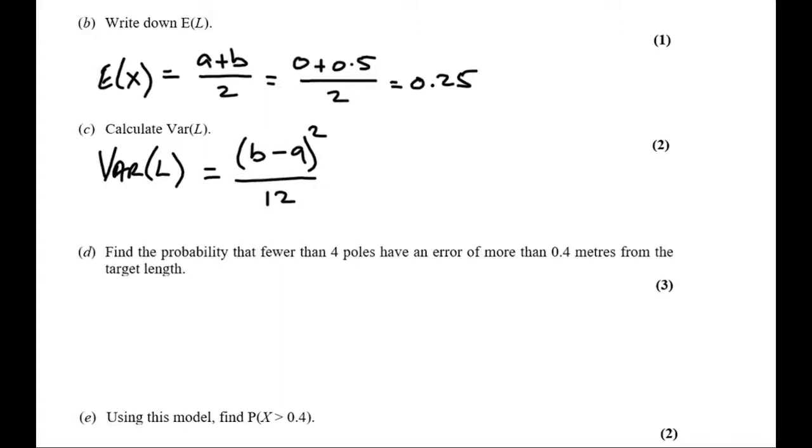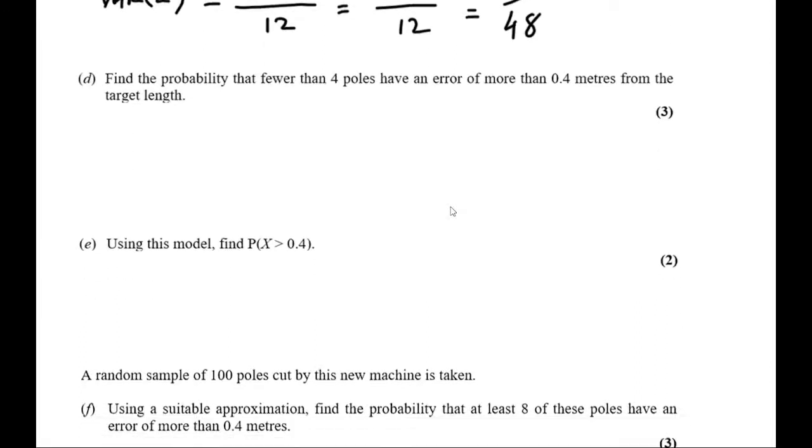So that's the width of the continuous uniform distribution squared all over 12. 0.5 minus 0 squared all over 12. And in your calculator, you should get the answer of 1 over 48. Okay, so a few small mark recall fluency questions before we move on to something a little bit meatier.